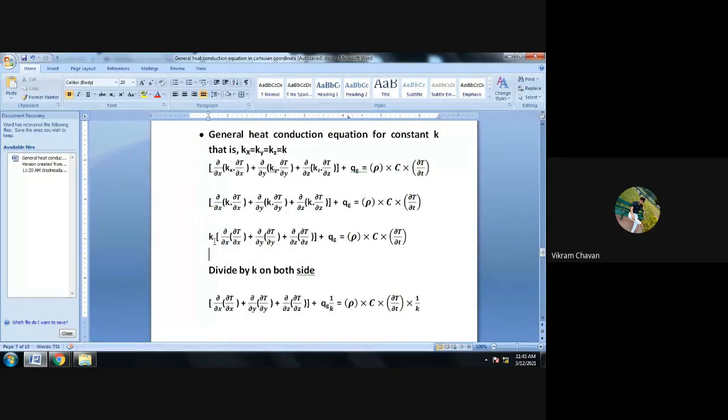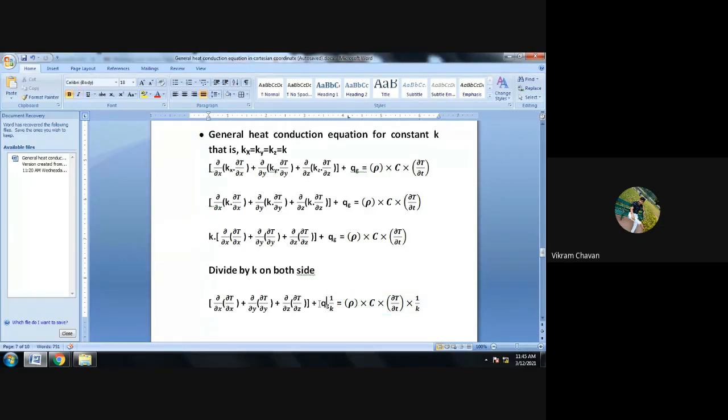After division, the k will be removed from the first part of the equation. Then the second part is qg, which will be divided by k, qg divided by k, or you can write qg multiplied by 1 by k. Here for the sake of understanding, in equation format the suffix will not be there in the word file, so I am not sure how to write the suffix in equation format.